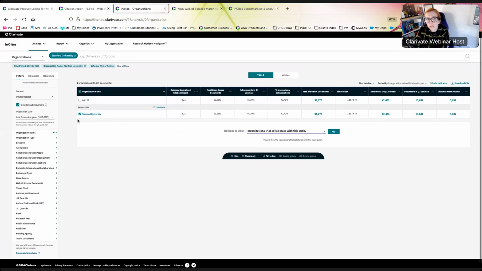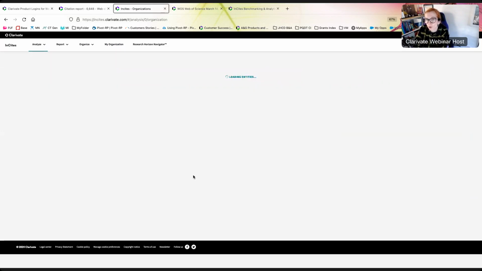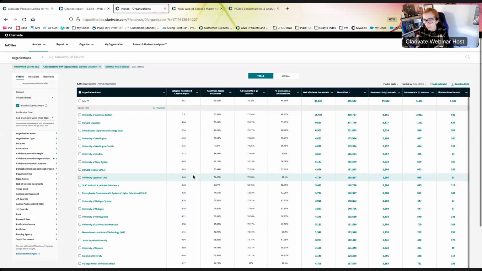If we want to bring up the collaboration for Stanford, I'm going to click on go. So you see what this is loading. You see how you go from Web of Science, which is purely a discovery platform that helps you assess the landscape of how much literature has been published around a topic by an institution or by authors, and when you look at who is citing it, you can gauge where that innovation is going, where the development is going.